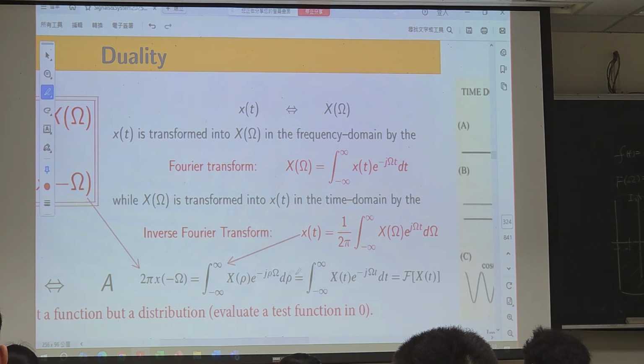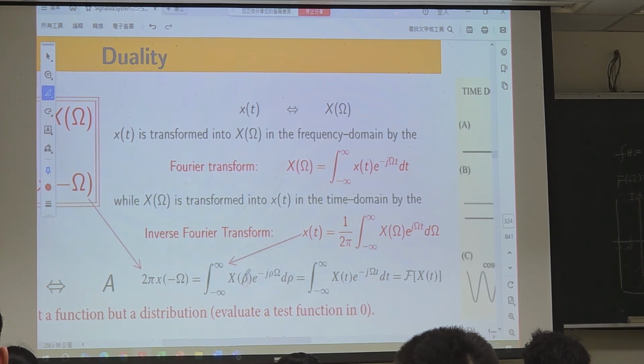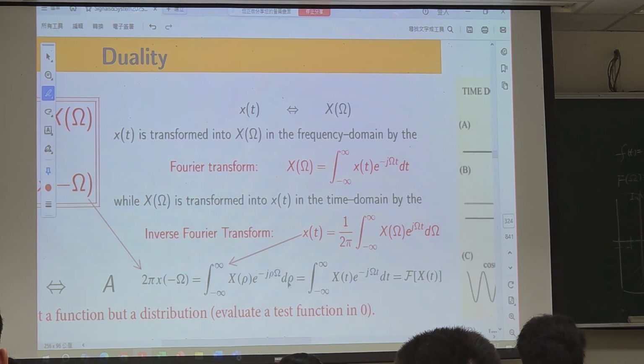But the other argument omega is a dummy variable, so I can call it whatever I want. Let's define it as small rho. So this dummy variable omega is now replaced by rho.